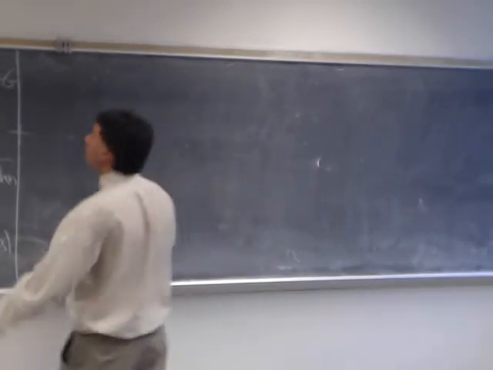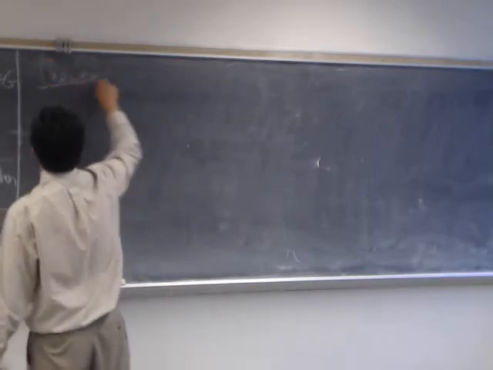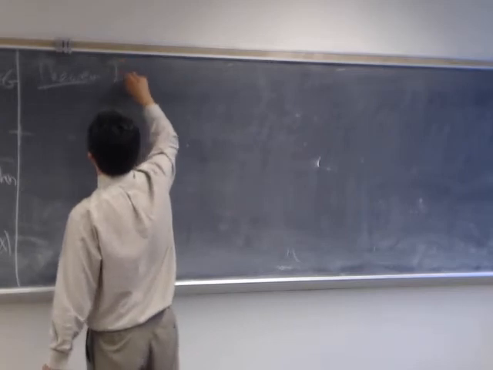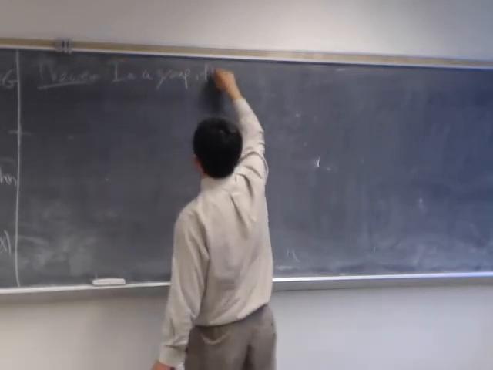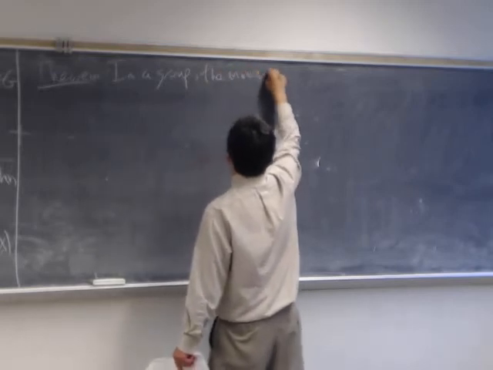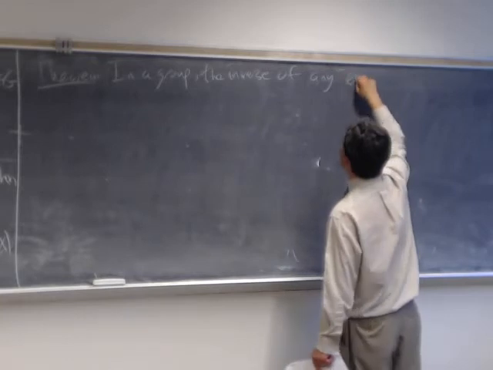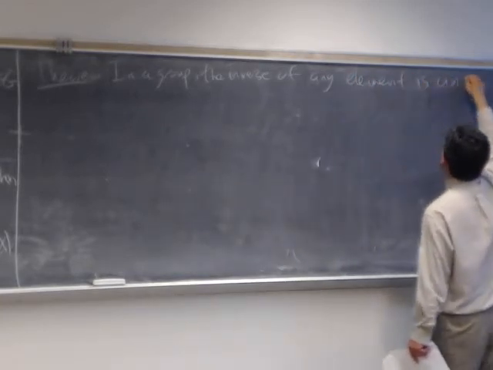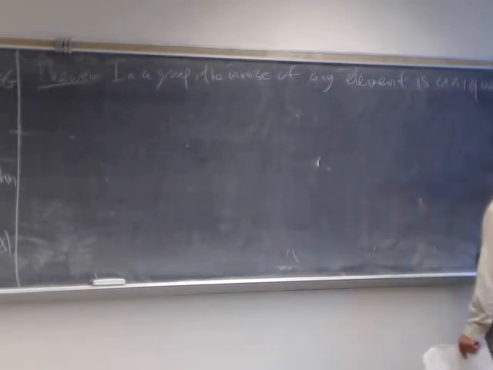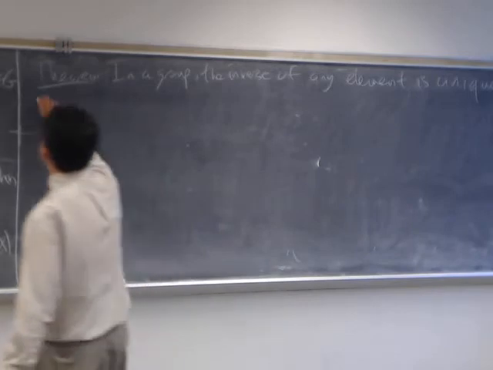Okay, the next theorem. The identity is unique. How about inverses? In a group, the inverse of any element is unique. So let's prove this.